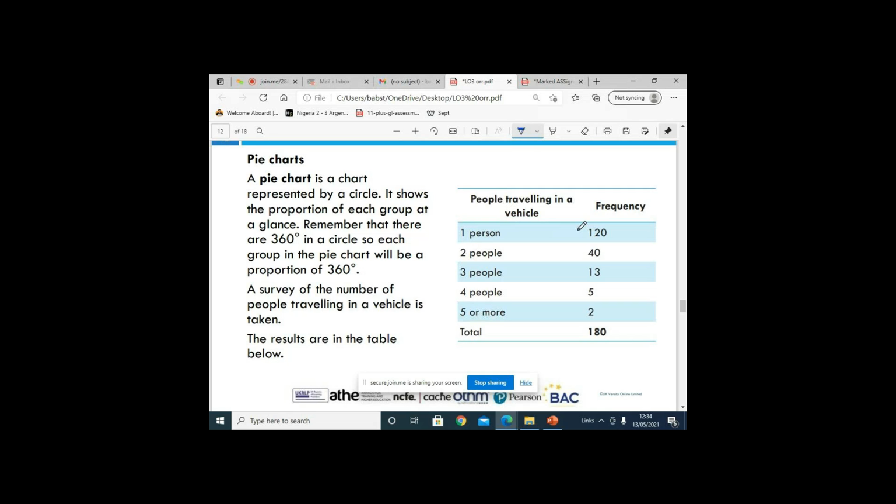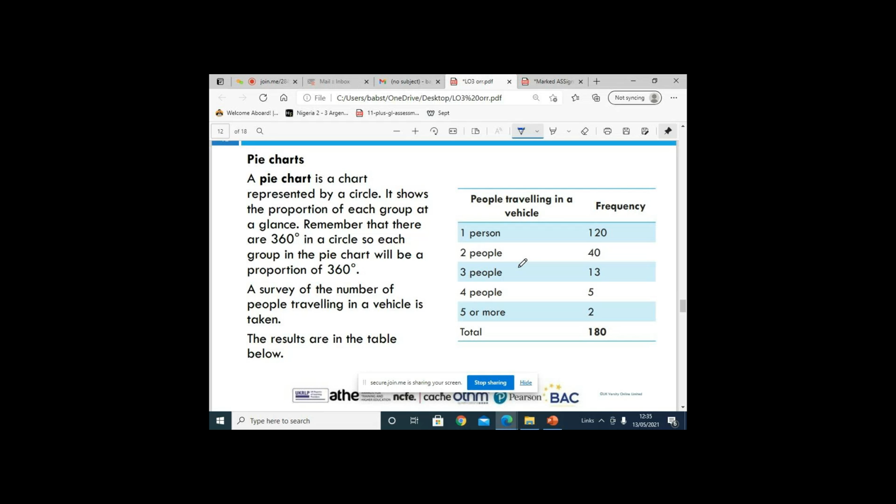People traveling in a vehicle, one person, and that gives you the frequency. Maybe they took a survey of cars passing, and when they saw a car, they only saw one person in it.